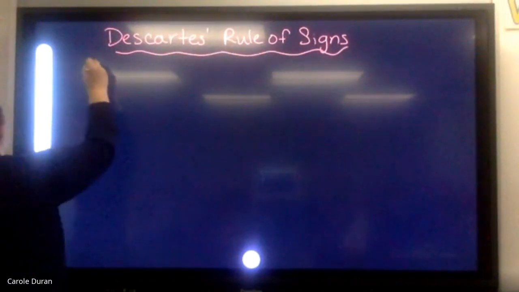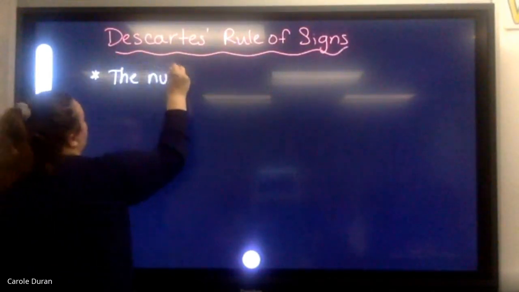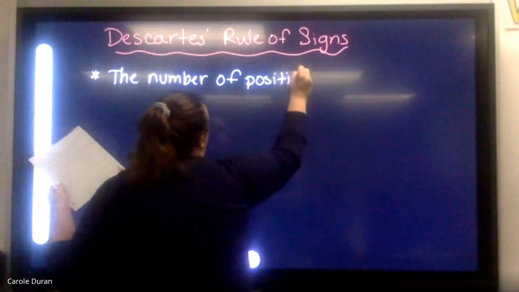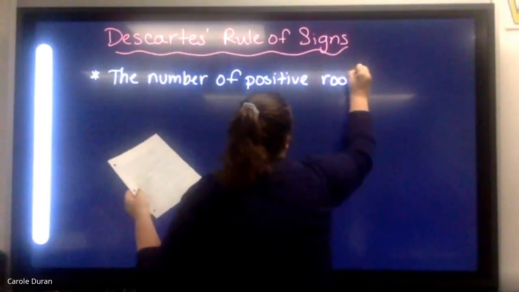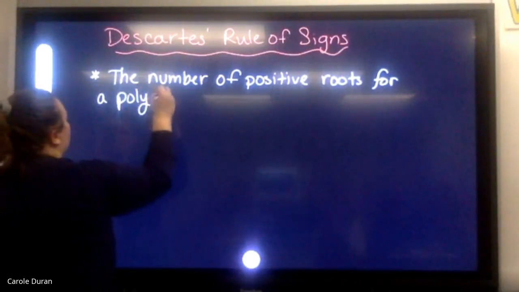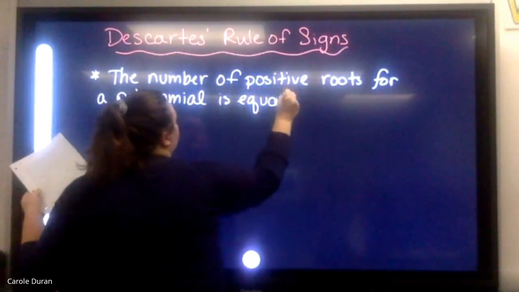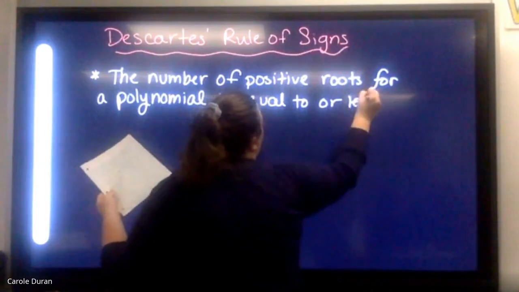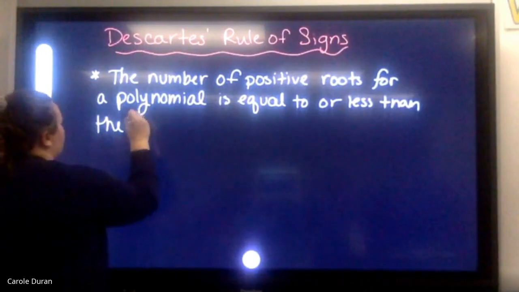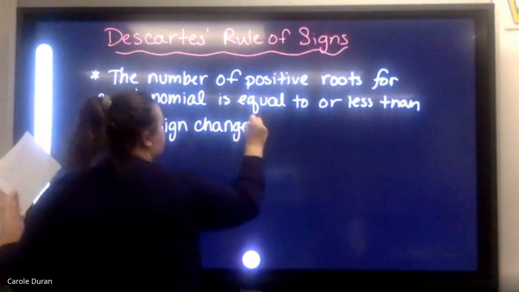The first part says that the number of positive roots that a polynomial will have is equal to or less than the number of sign changes in our original polynomial f of x.